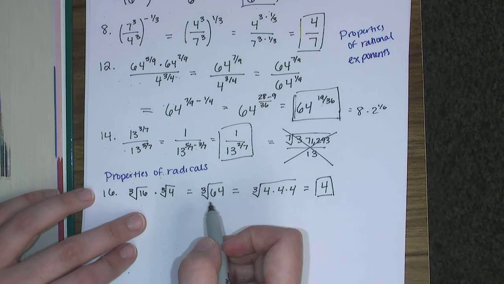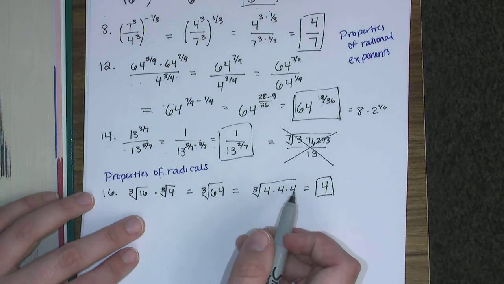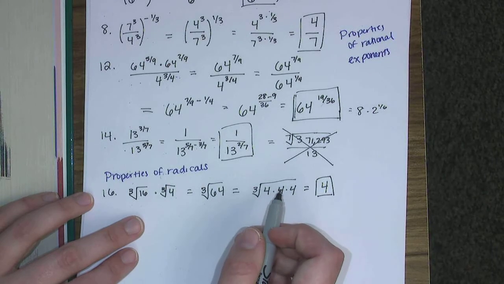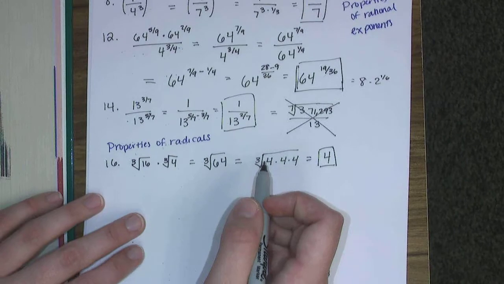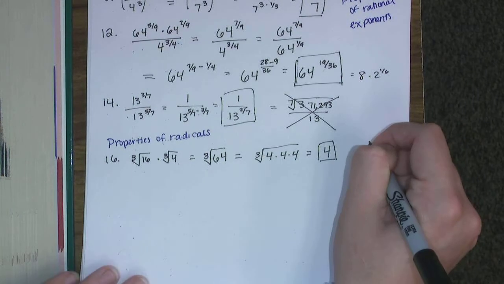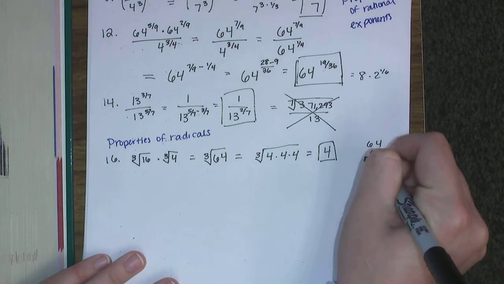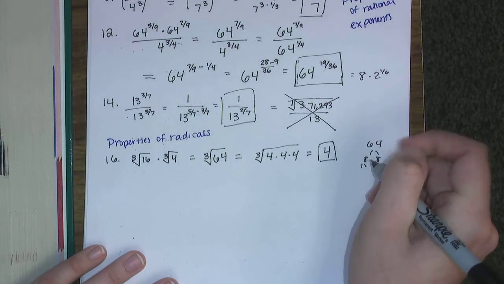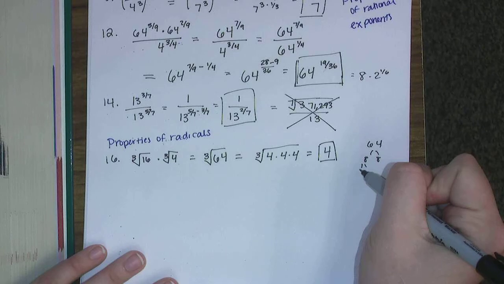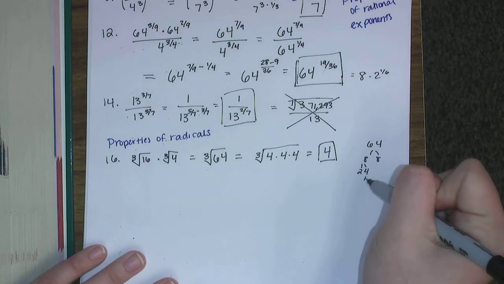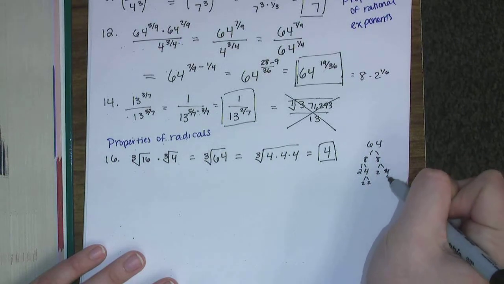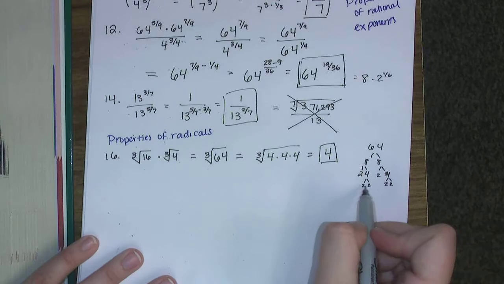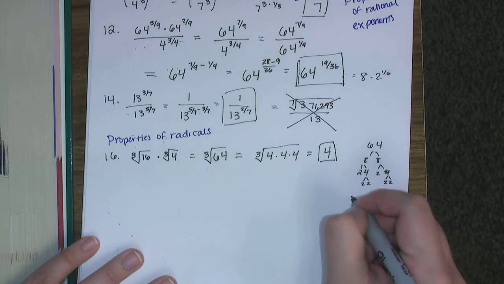You could have done that 64 is 8 times 8, and 8 is 2 times 4, and then you have a whole bunch of 2's that you end up with. So I end up with 6 2's, so 2 times 2 times 2 times 2 times 2 times 2. I can pull things out in groups of 3.